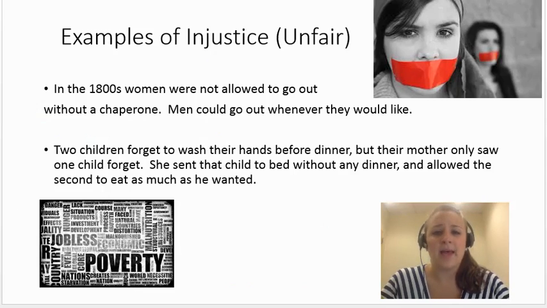So let's go ahead and take a look at examples of injustice. And the word injustice simply means a lack of fairness or to be unfair. So, one example. In the 1800s, if you were a woman, you were not allowed to leave your home without a chaperone.